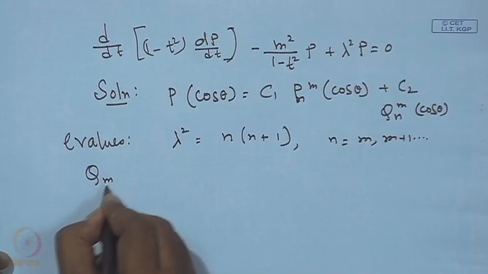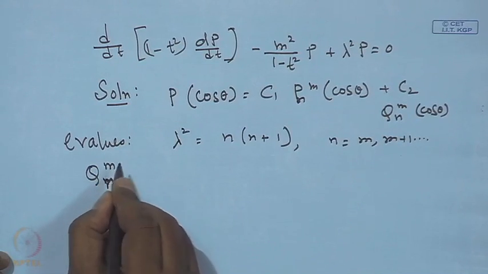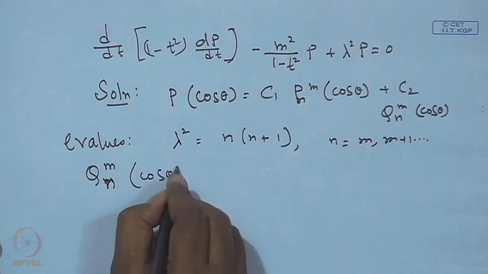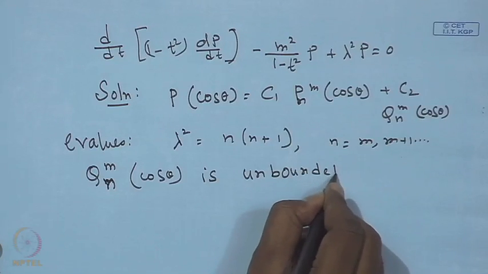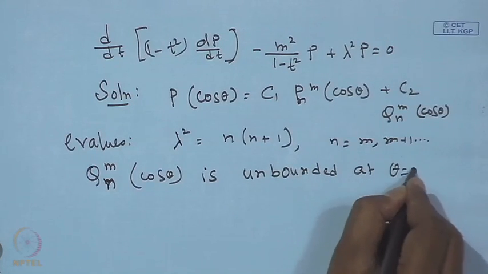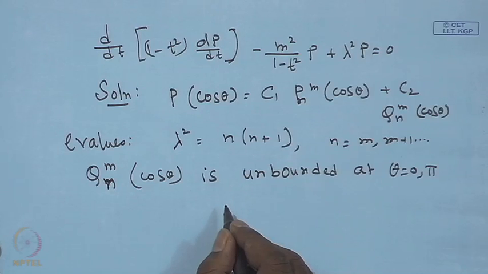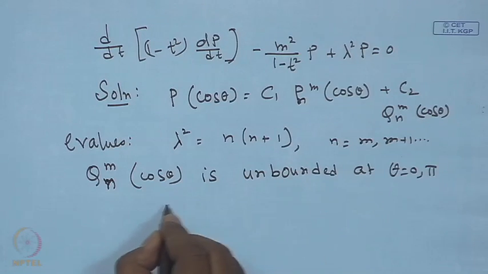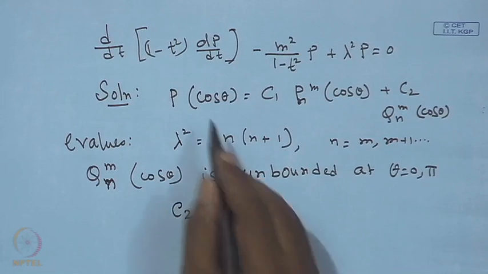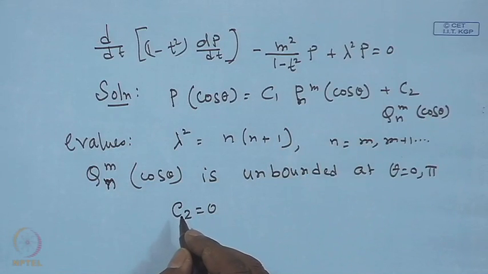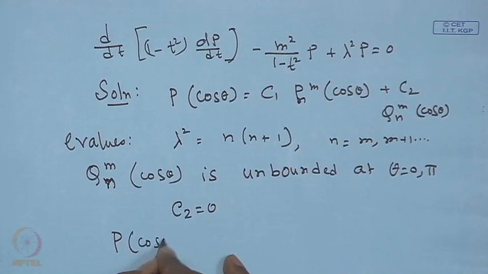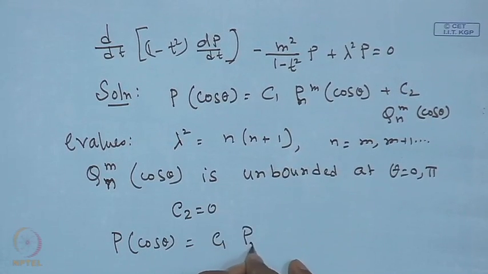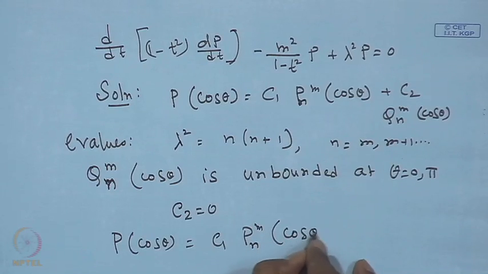Q n superscript m cosine theta is unbounded at theta equal to 0 and pi. That is the property of the Legendre function. So, the associated constant must be equal to 0 to have a finite bounded solution. Therefore, P of cosine theta is equal to C1 P n superscript m cosine theta; those are the eigenfunctions.